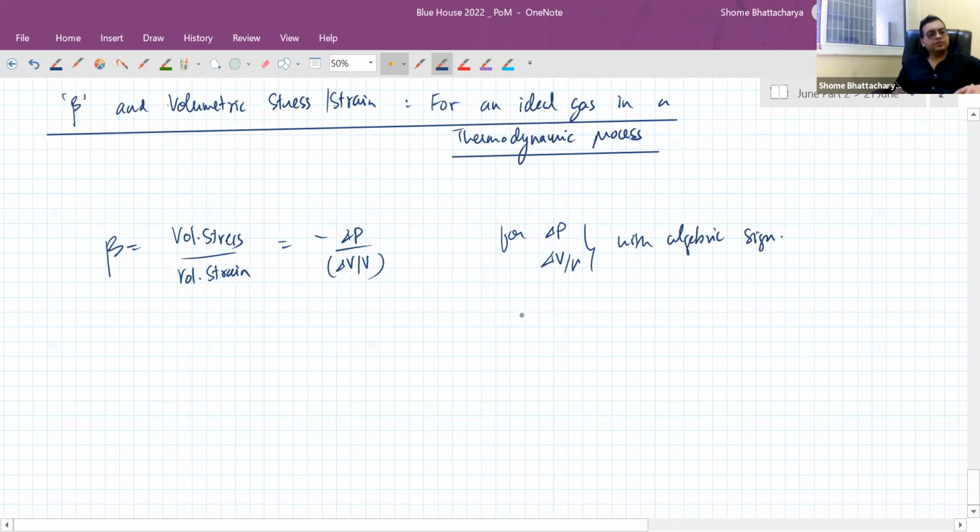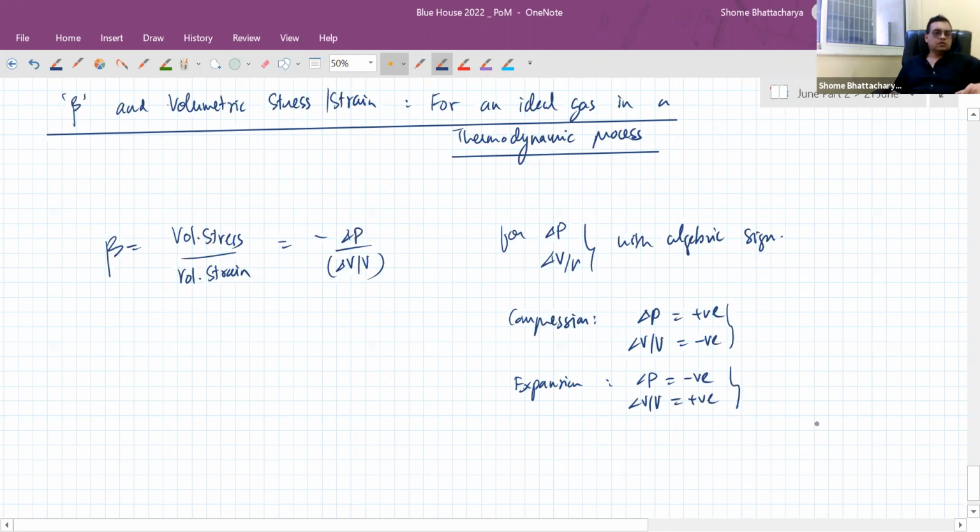Okay, so for a compression, delta P will be a positive change in pressure, whereas delta V by V will be a negative fractional change. So Bulk's modulus will remain positive. Whereas for an expansion, delta P will be negative because we decrease the pressure to allow the volume to expand.